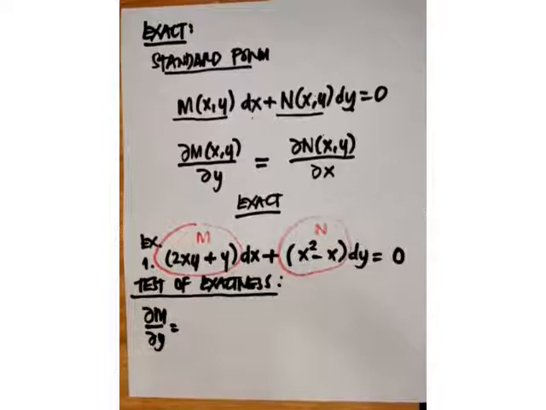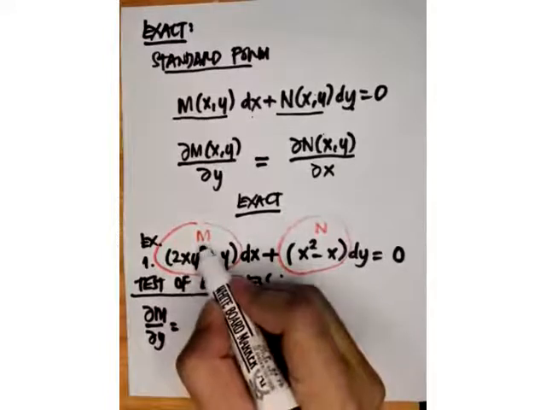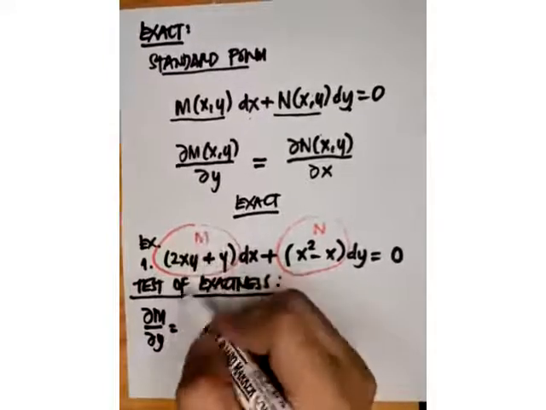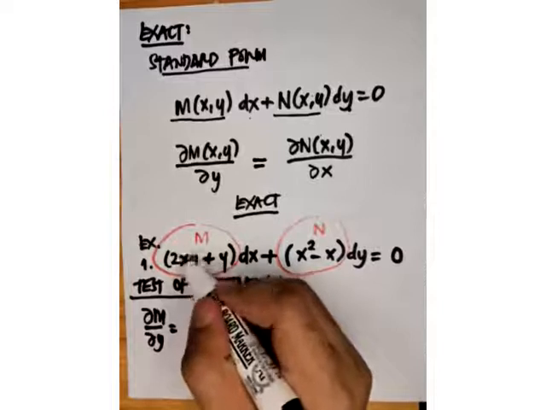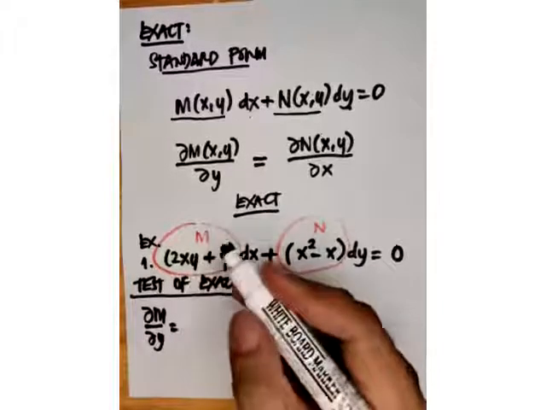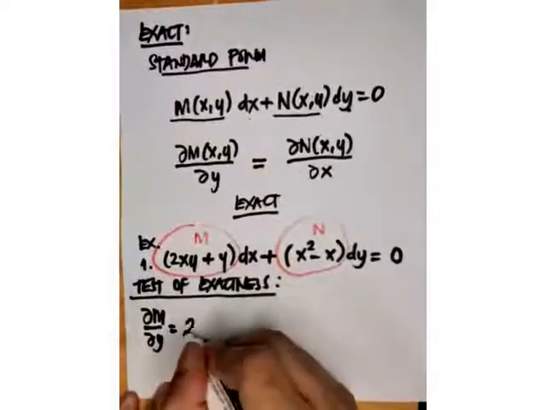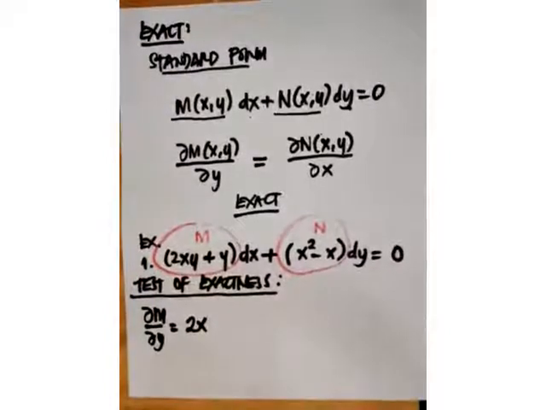So a derivative of x will be equal to 0 because it is acting as a constant. Now, let's get the derivative of this with respect to y. So x is a constant, so we will not be doing anything to it. What is the derivative of y? It's 1. So that's equal to 2x.